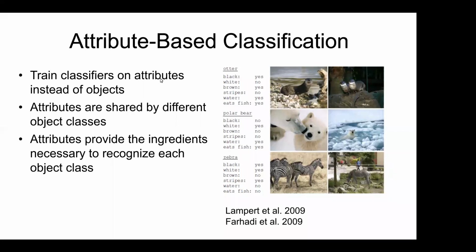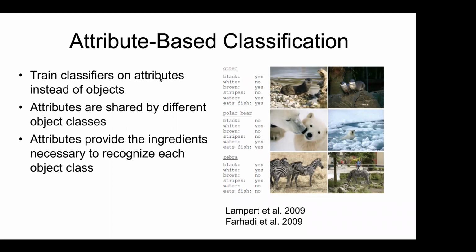So the idea is in these different layers, you would first have an attribute classifier for things like stripes, or even non-visual or non-obviously visual things like eats fish or furry. So you would have these different classifiers that operate up front, and then in a second layer of classification, you would feed the output of those attribute classifiers to another classifier that puts together that information and determines what the final answer is.